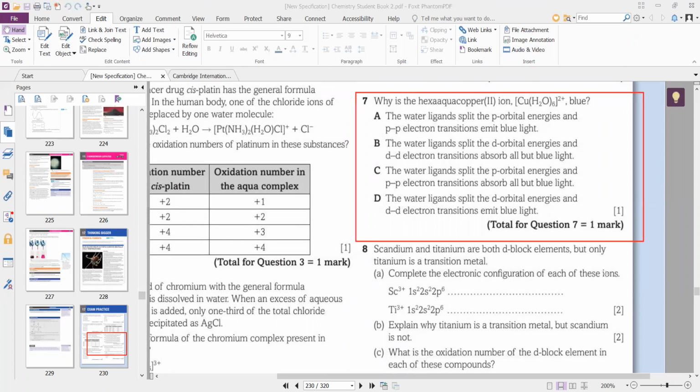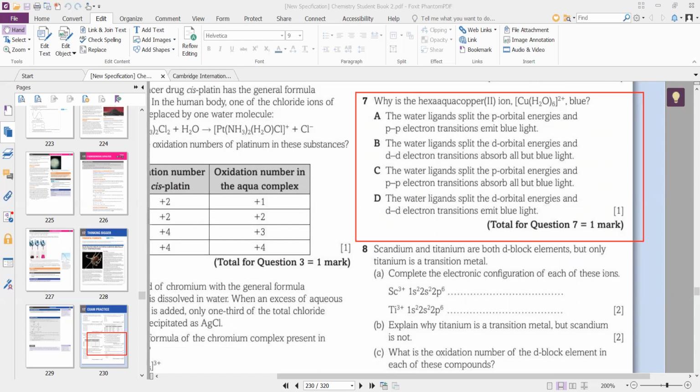Why is the hexaaqua copper ion blue? The ligand causes the d orbitals to split into two different energy levels. An electron in the lower level will absorb energy from visible light and move to a higher level. The color complementary to the absorbed color can be seen.